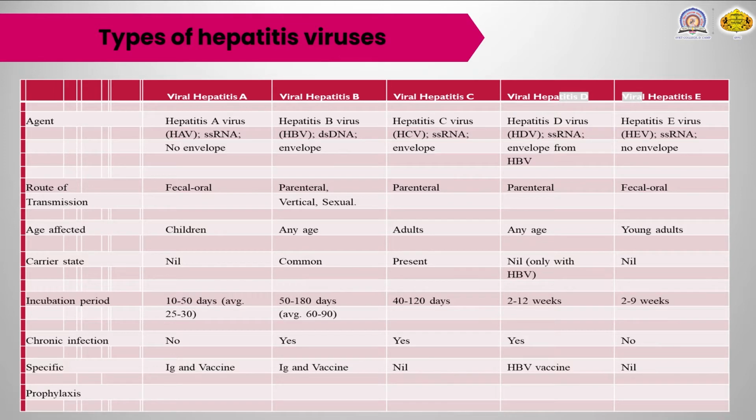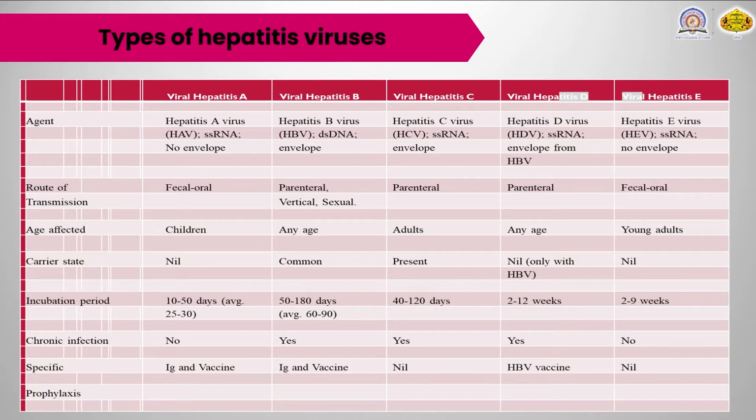Among all these viruses, you might have noticed that only hepatitis B virus is a double-stranded DNA virus. Then talking about the mode of transmission of all these hepatitis viruses, hepatitis A virus is majorly transmitted via the oral-fecal route.